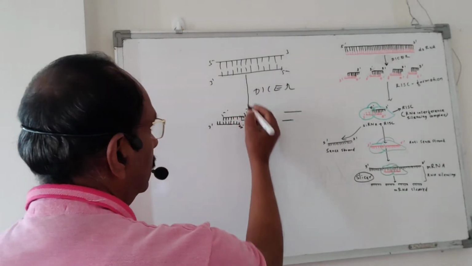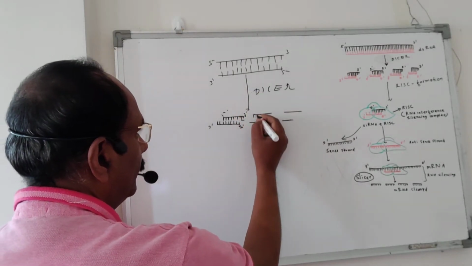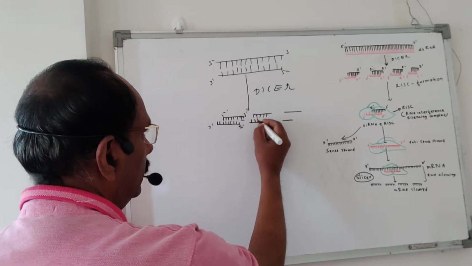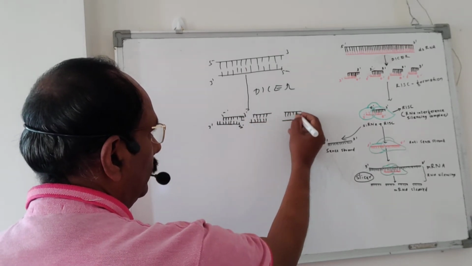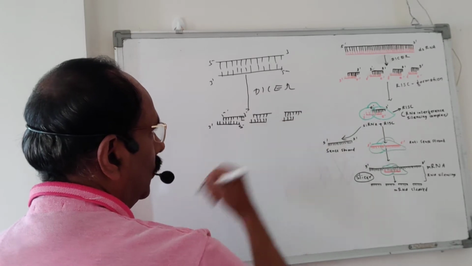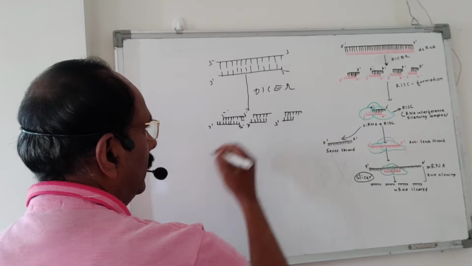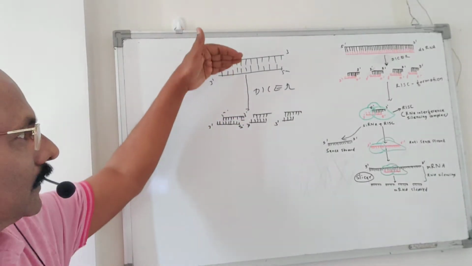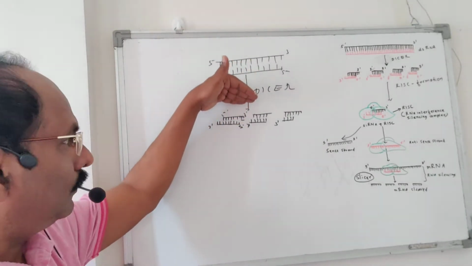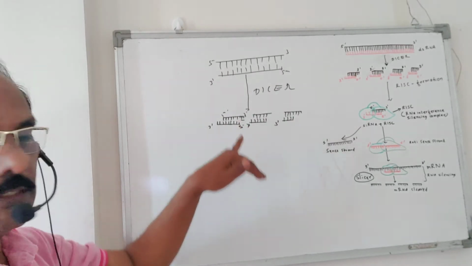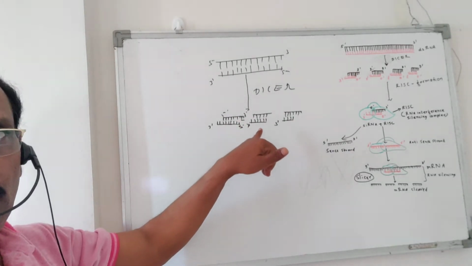So like that, Dicer divides or destroys the RNA into smaller pieces, and each piece has 22 base pairs and 2 overhang ends. This overhang end is at the 3' end. So like that, the double-stranded RNA is broken into smaller pieces, and these smaller pieces are known as oligoribonucleotides.